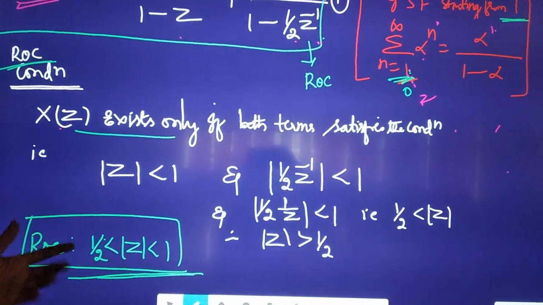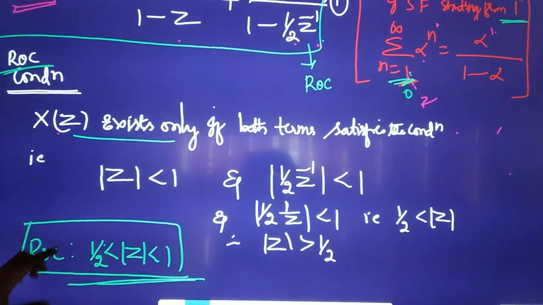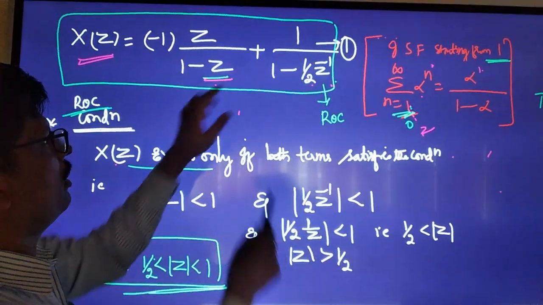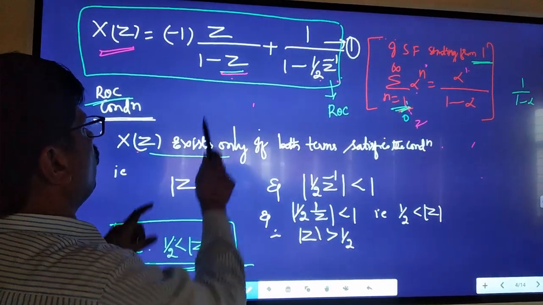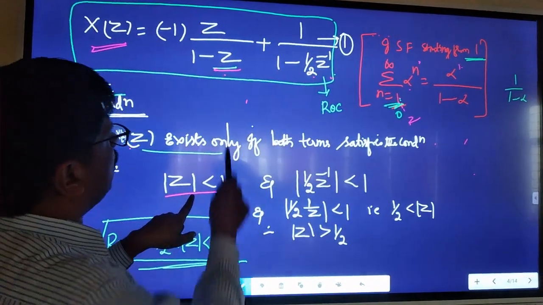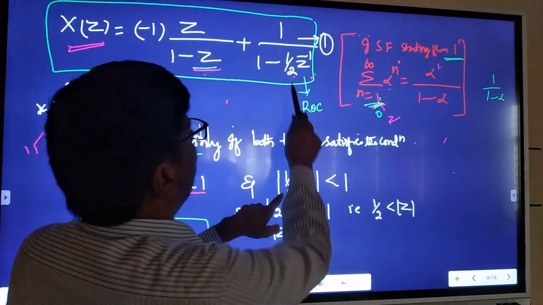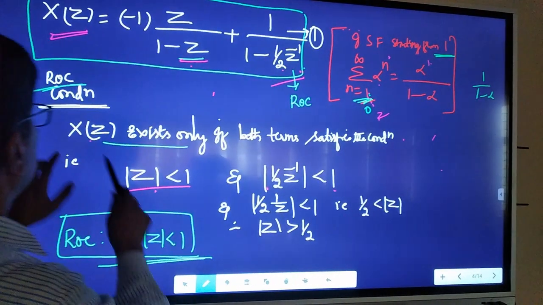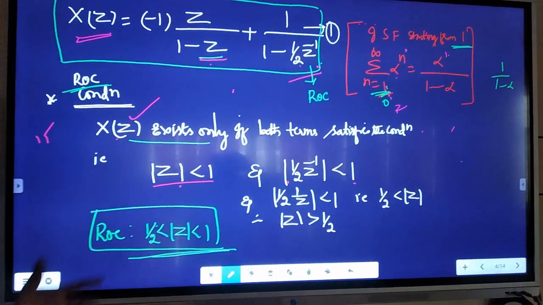Then only we get x of z. What are the conditions? In the first term, mod z should be less than 1, and in the second term, mod of 1 by 2 z inverse should be less than 1. Then only this x of z exists.